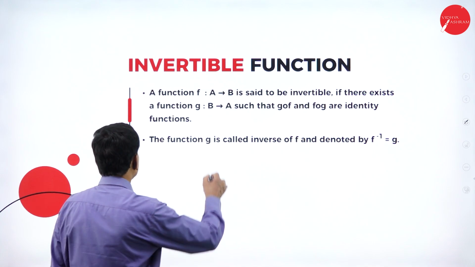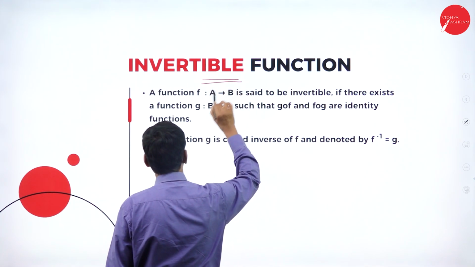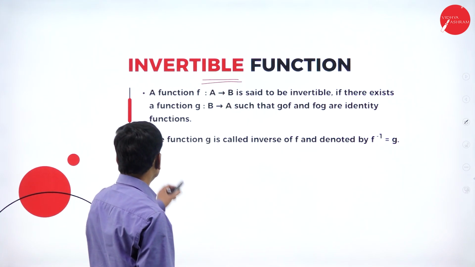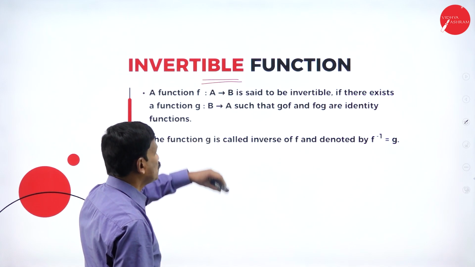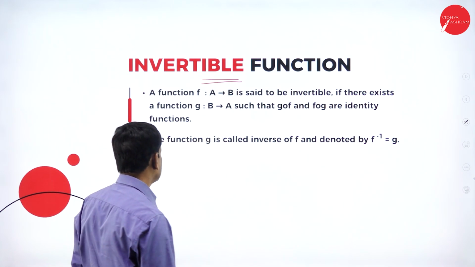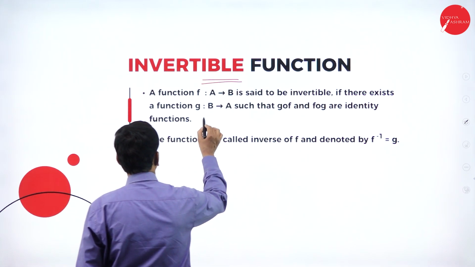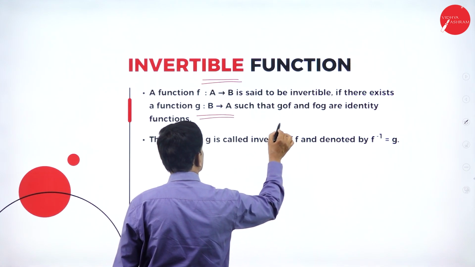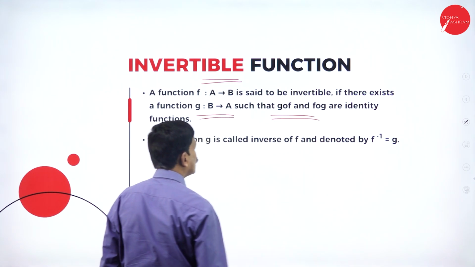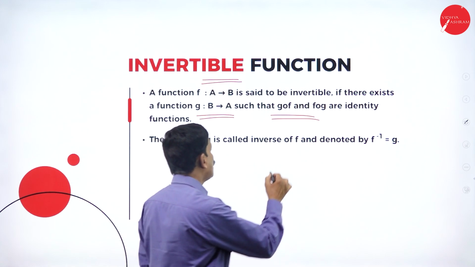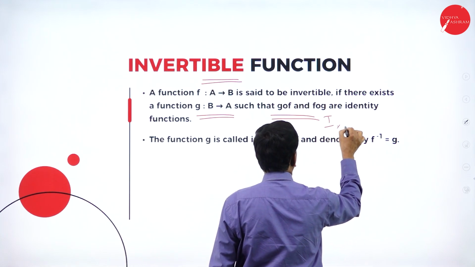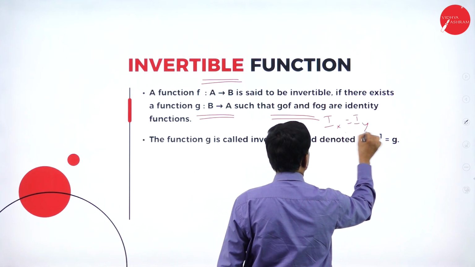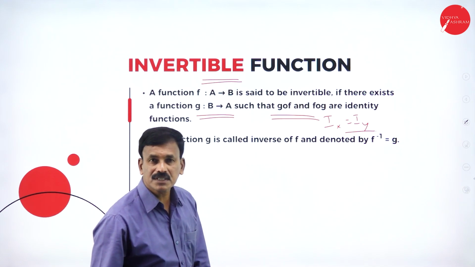Let us move on to the next very important concept, that is invertible function. A function f from A to B is said to be an invertible function if there exists a function g from B to A such that g∘f and f∘g are identity. So g∘f and f∘g are identity, then it is called an invertible function.